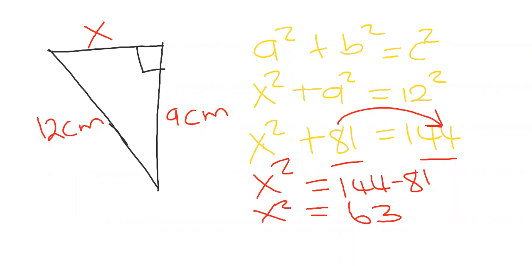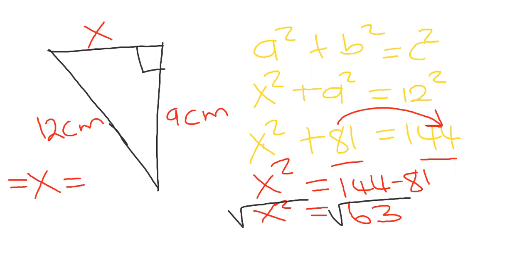Remember, you are looking for the value of x, not the value of x squared. So that's where the square root sign comes in. You have to square root everything. And then we said the square root of x squared is x.